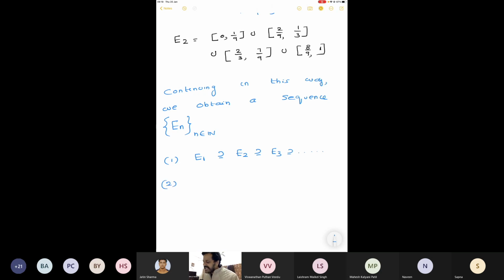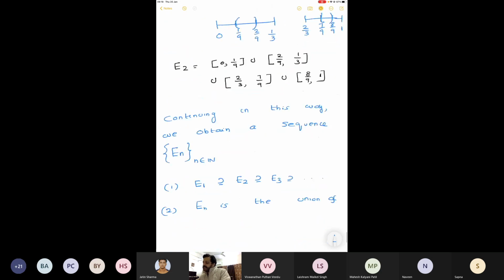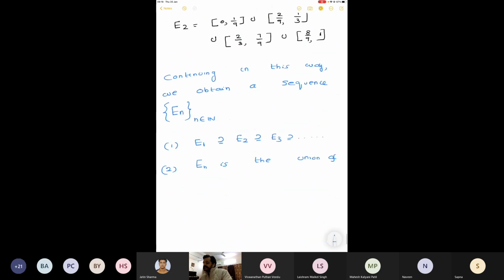And two, each En is the union of how many intervals? E1 contains 2, E2 contains 4, and so on. In general, En will be the union of 2 power n intervals, and the length of each of those intervals in En is 3 power minus n.